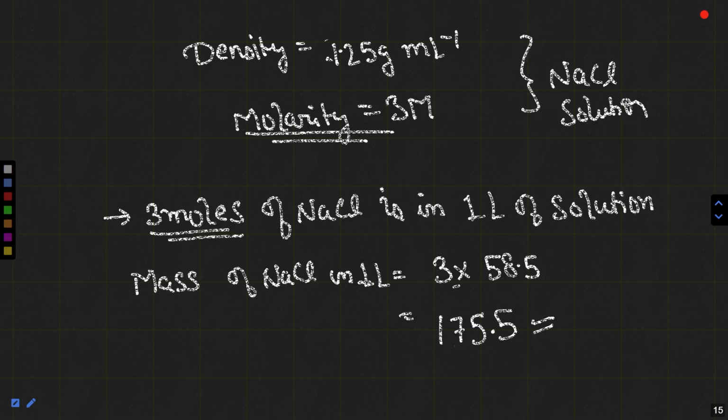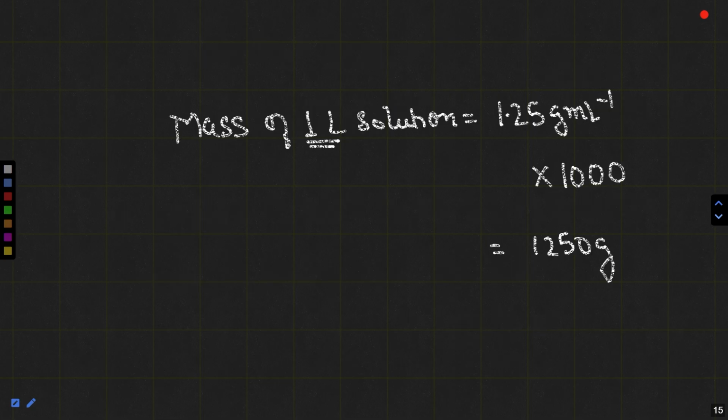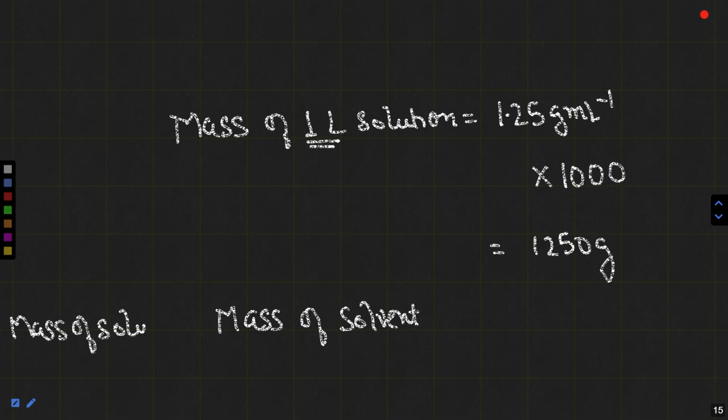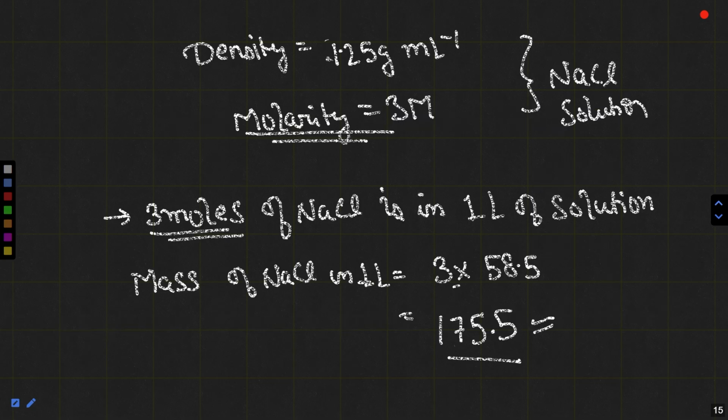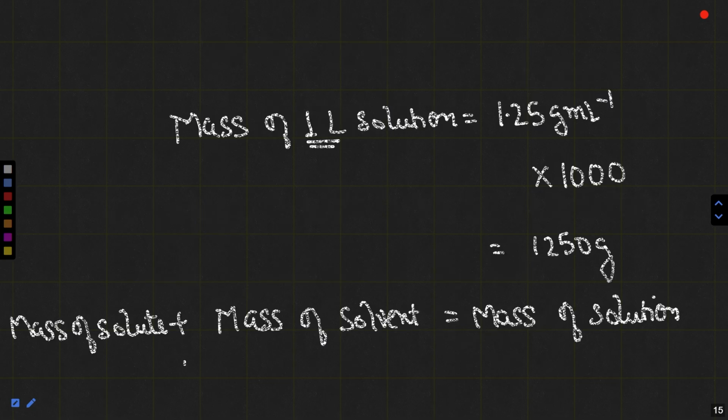So you have the mass of NaCl in 1 liter of solution, and you have the mass of solution also. We know that mass of solvent plus mass of solute gives us the total mass of solution. The mass of solute that we calculated is 175.5.